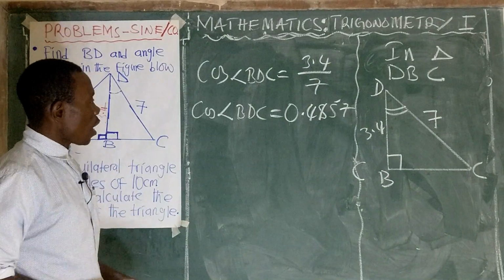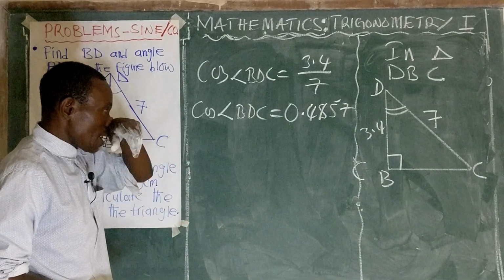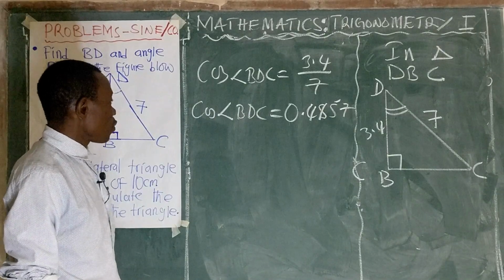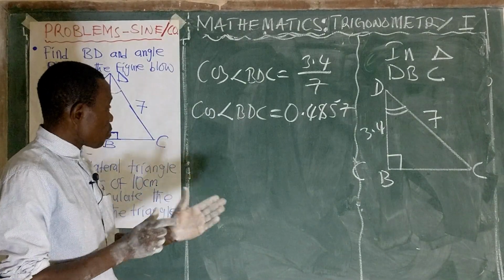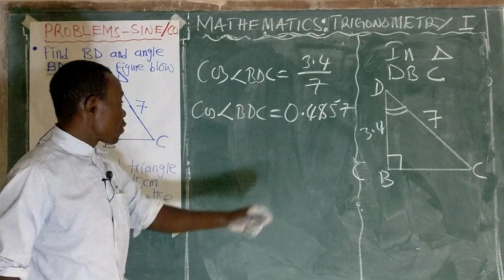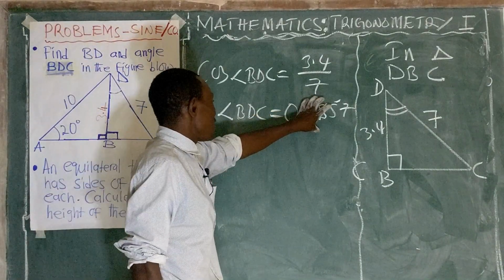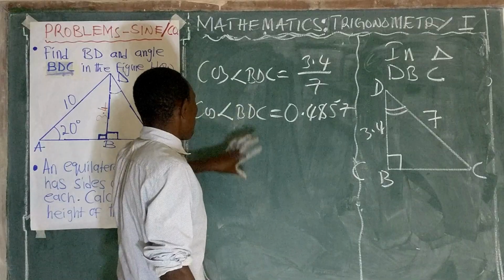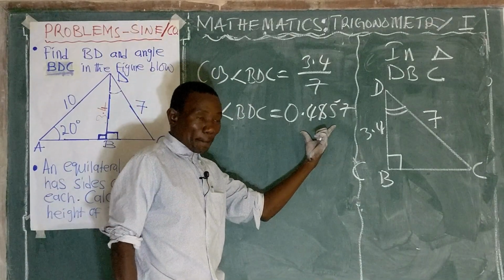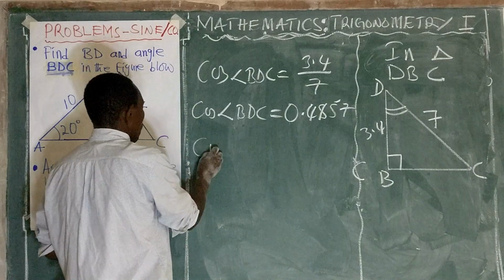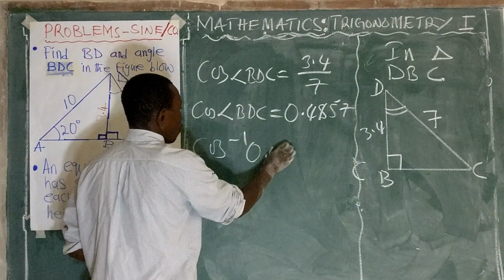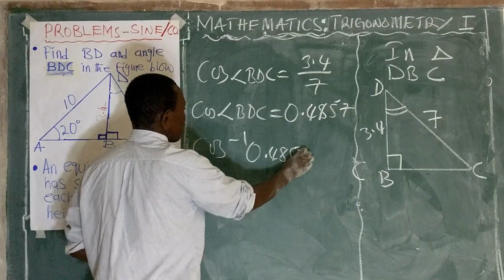Right. So as I earlier indicated, when we are finding the value of the angle, we could always talk of the inverse, which is just like an inverse of a particular ratio. So here it means this one is contained here, this one can give you this one. So if I would like to find the value of angle BDC, I have to take the inverse of this. So I'll write here cos inverse of 0.4857.